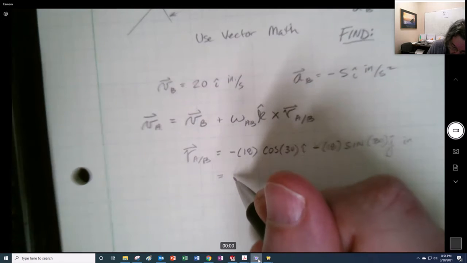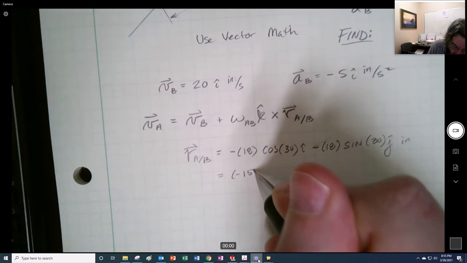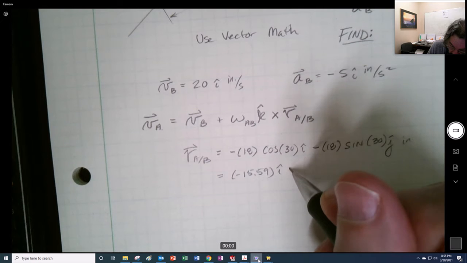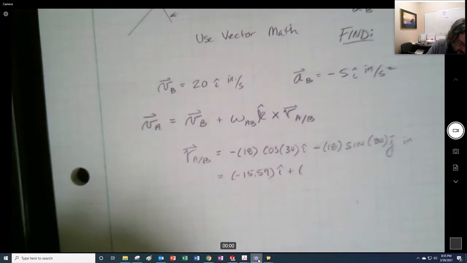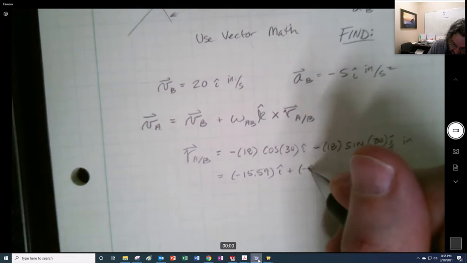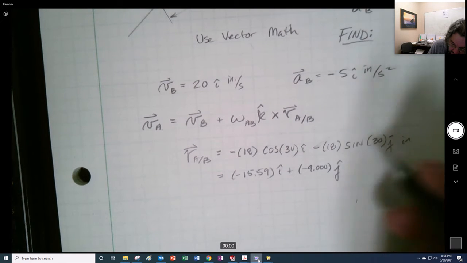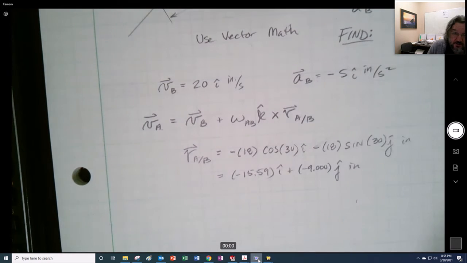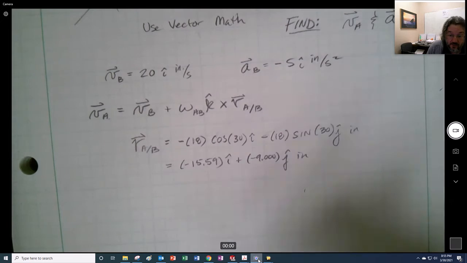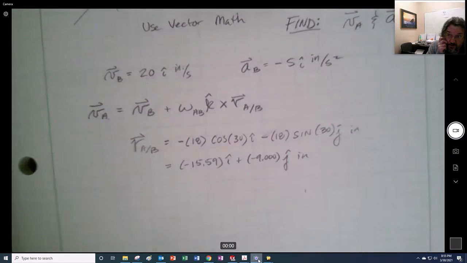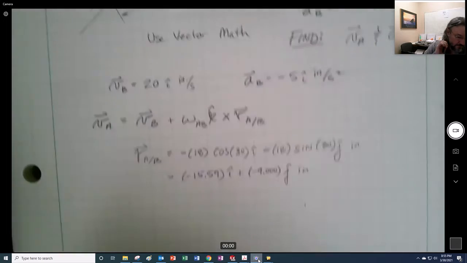Negative 15.59 i plus 18. That should just be negative 9, right? Inches. Okay. And we're just going to leave omega as being positive right now.